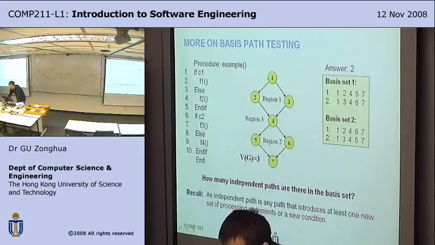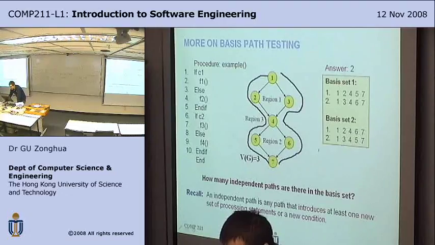It can be 1, 2, 4, 5, 7, both following on the left, and 1, 3, 4, 6, 7, both following the right, or another set is 1, 2, 4, 6, 7, or 1, 3, 4, 5, 7.